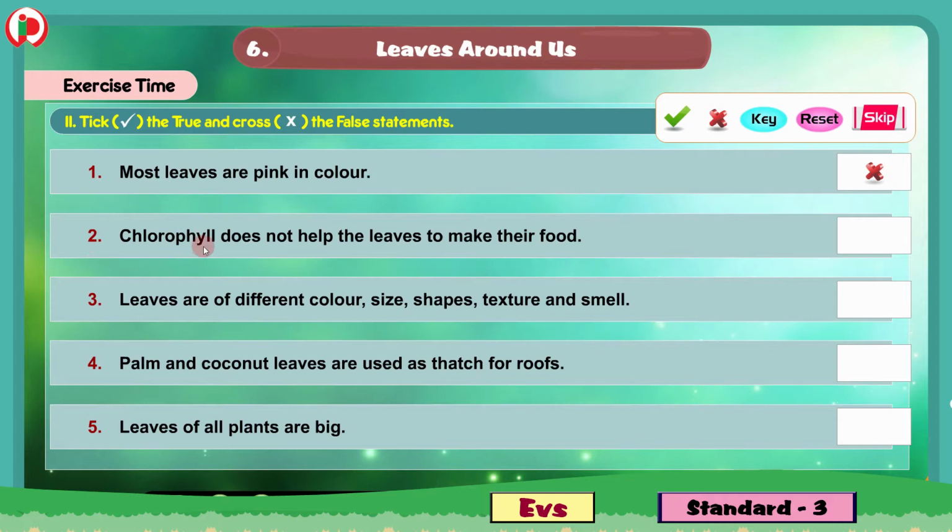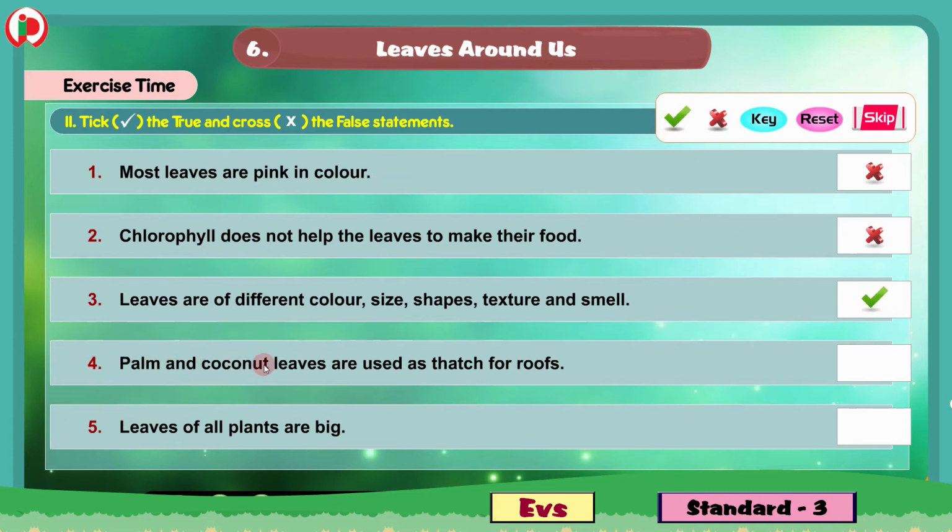2. Chlorophyll does not help the leaves to make their food. This is also a wrong statement. We will put a cross mark. This is a false statement. 3. Leaves are of different color, size, shapes, texture and smell. Yes, this is a true statement. So we will put a tick mark. 4.